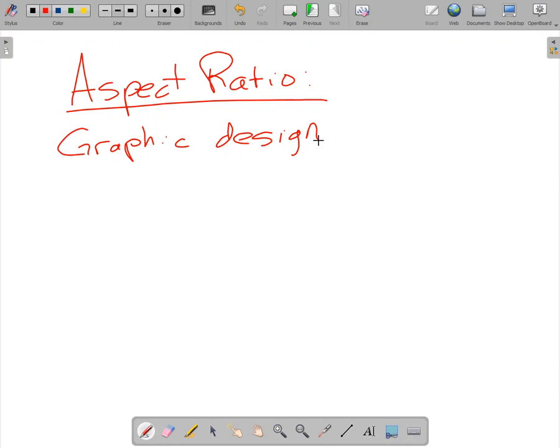Graphic design is part of web page design these days because there's a lot that goes into making a website attractive. And the aspect ratio of a figure in graphic design is the ratio of the width to the height. So width to height.